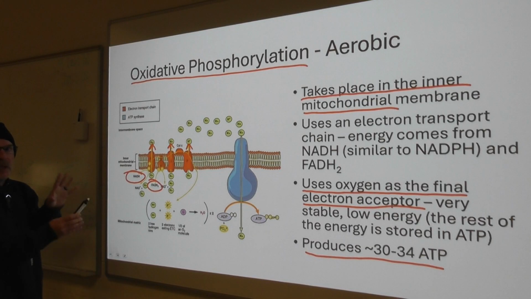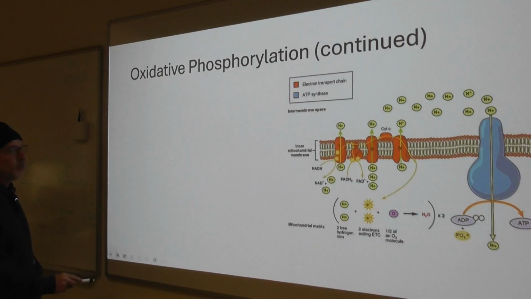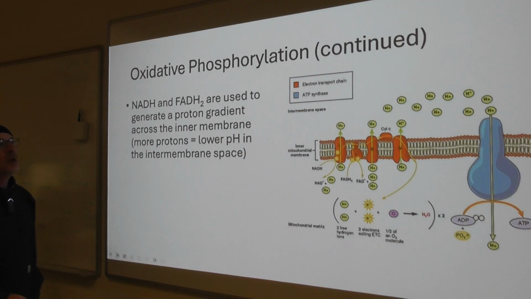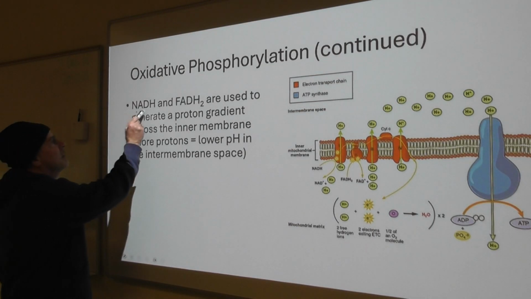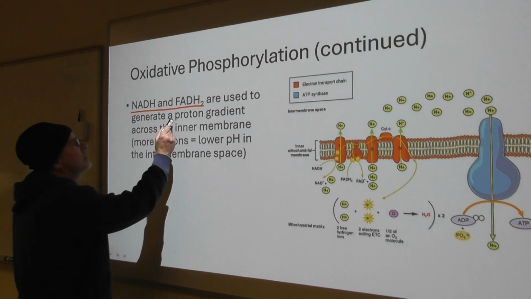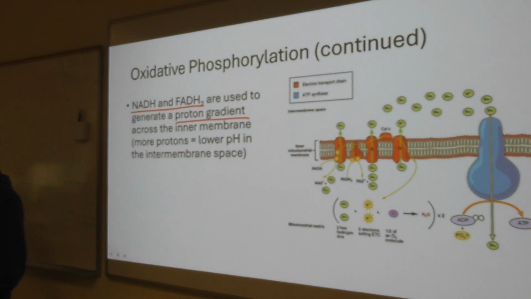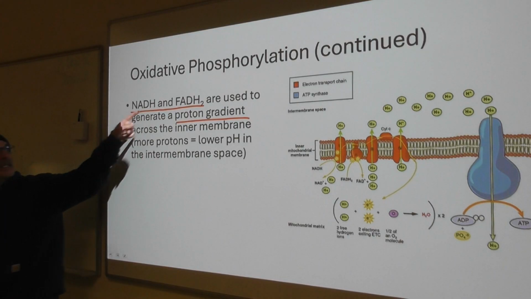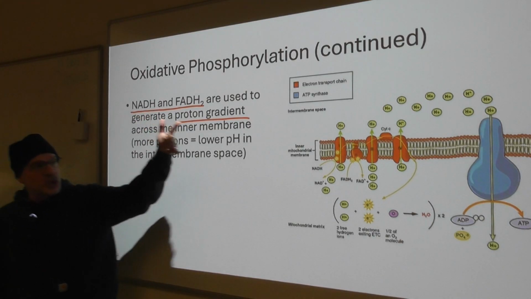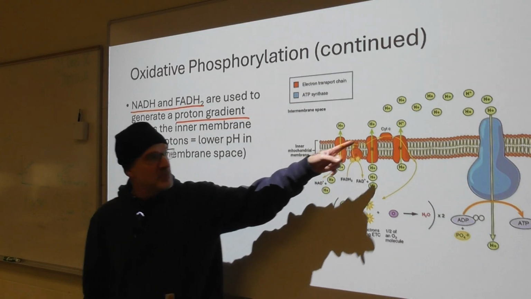I'm going to go into a little bit more detail about this electrochemical gradient because they want you to know all this kind of stuff. If you think about the energy stored in these molecules, that energy is used to create a concentration gradient of hydrogen ions, protons. That means the energy that was in here is now stored in the physical configuration of these protons.